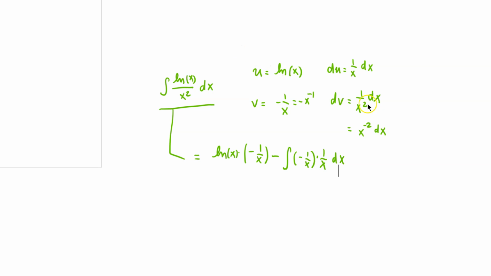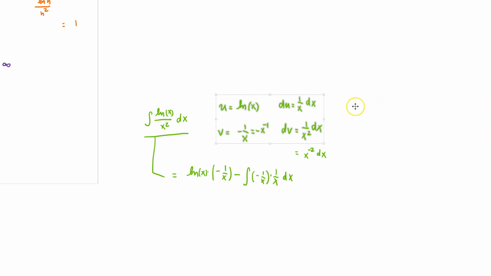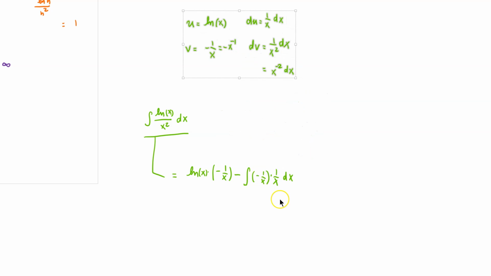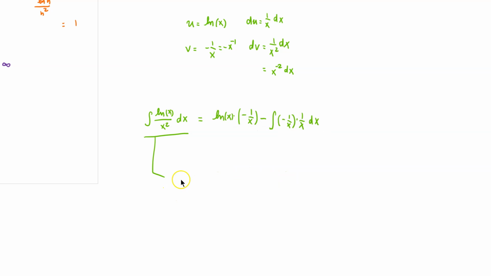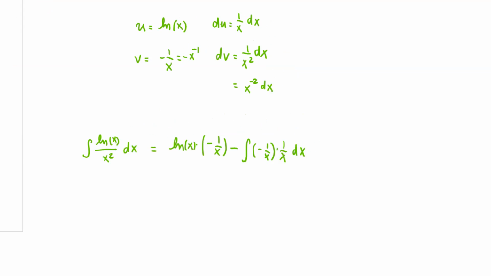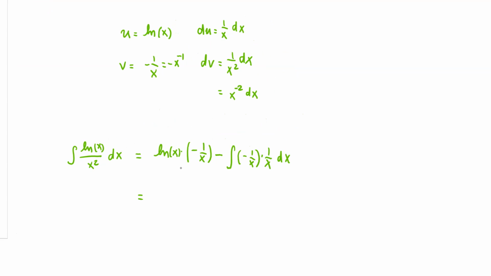Now let me move this up here, so then I can move this to the side. Okay. So now, if we try to finish this integration, the first term is going to be just minus log of x over x.